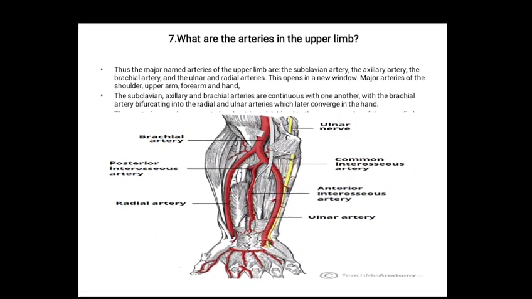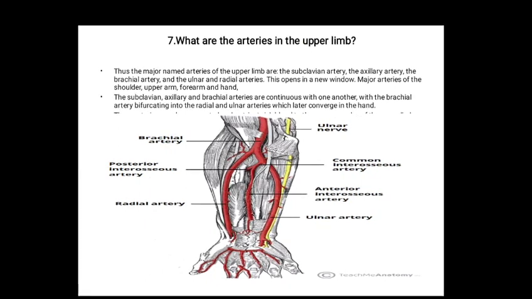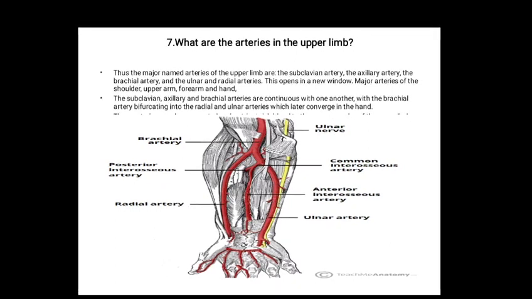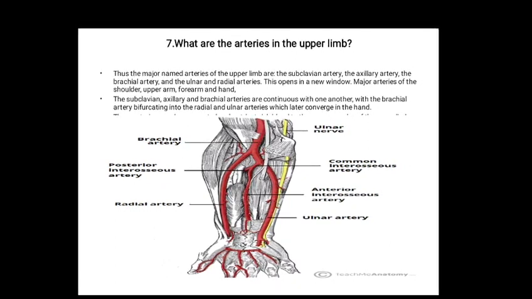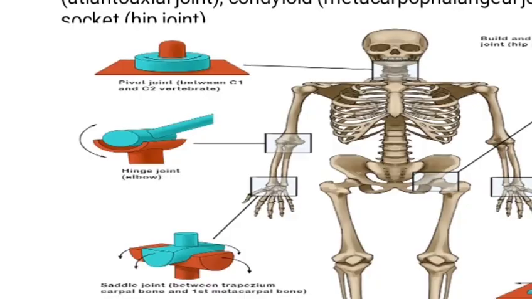These arteries supply oxygenated and nutrient-rich blood to the many muscles of the upper limb as well as its other structures.